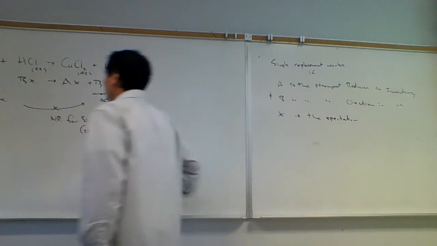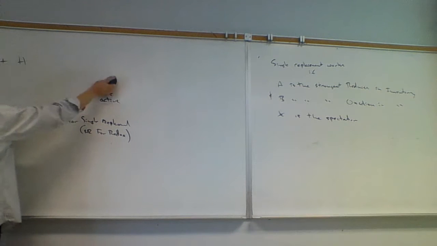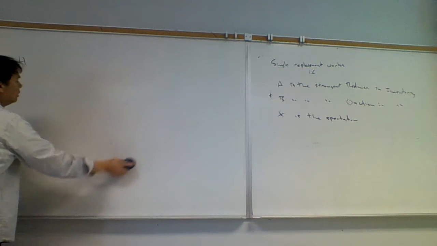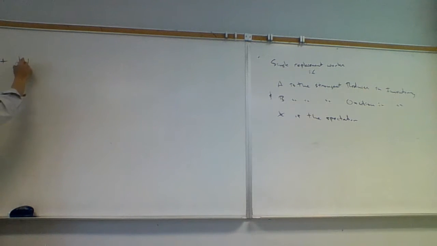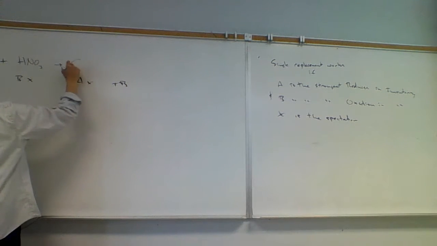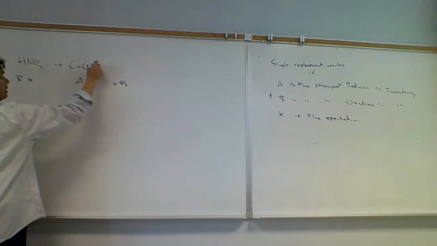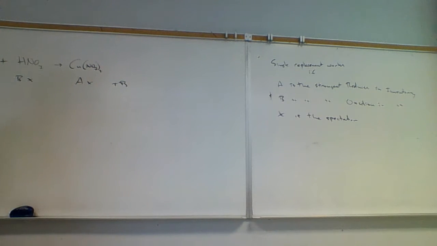And so let's repeat this here with, rather than HCl, we're going to try HNO3. We get A plus BX. A plus BX yields AX plus B. So AX is going to be copper 2 nitrate, which is Cu(NO3)2.